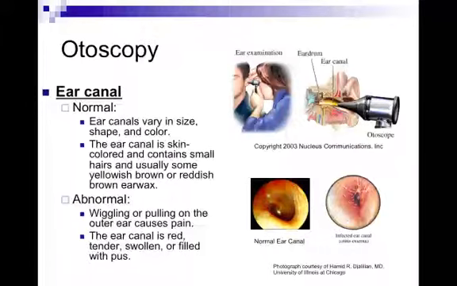What we consider abnormal is if, when we're doing the procedure, the patient complains of discomfort when you're pulling the ear, the pinna. And when we look at the ear canal, if we see any inflammation, any foreign body, or any blood or pus, that would be considered abnormal.